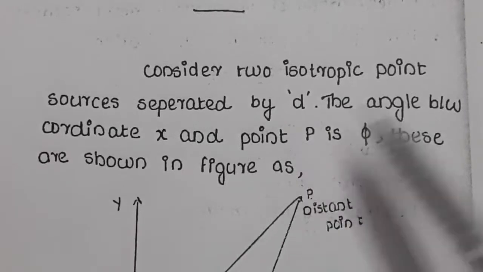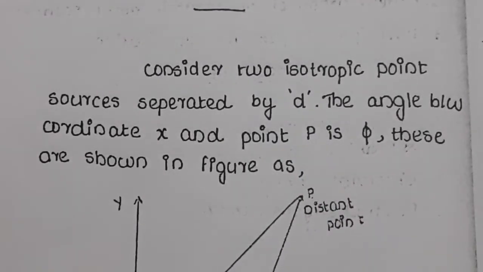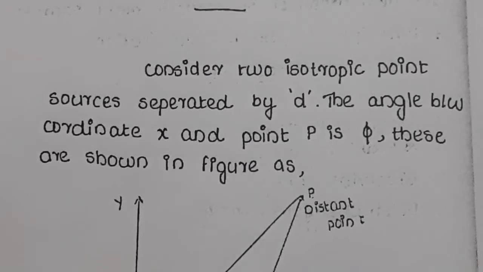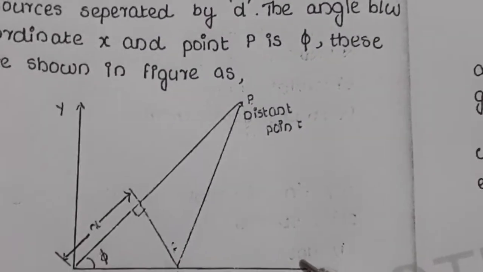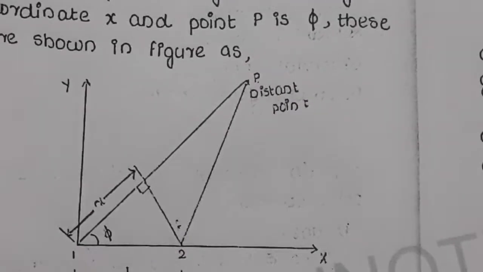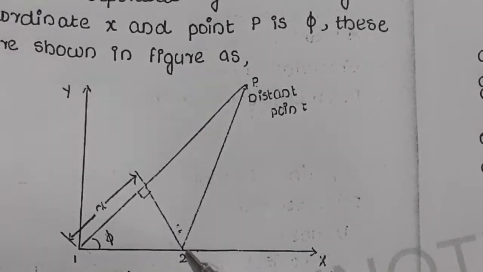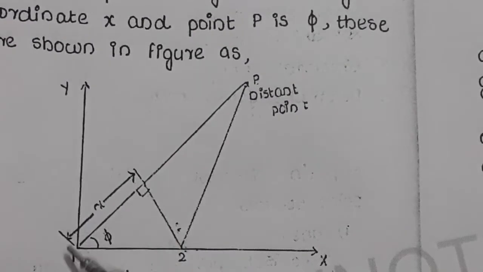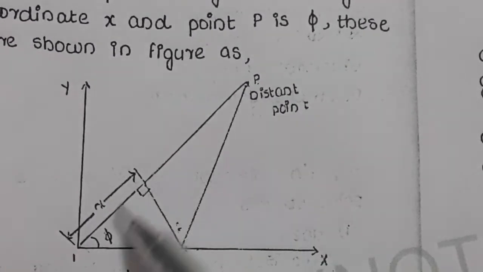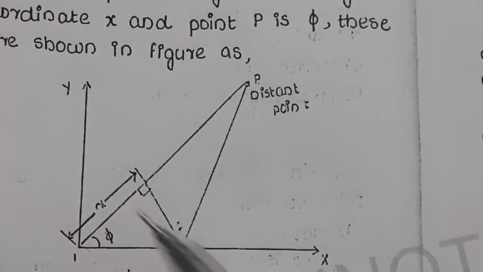Consider the 2 isotropic point sources separated by d at an angle phi between the coordinate x and the point P. You see that this is the point P and the coordinate x is here. So the 2 point sources are placed on the coordinate x. One is at the origin, another one is at some point, and the angle subtended is phi, towards the point P. This is r cos phi generally, which is indicated here as x.